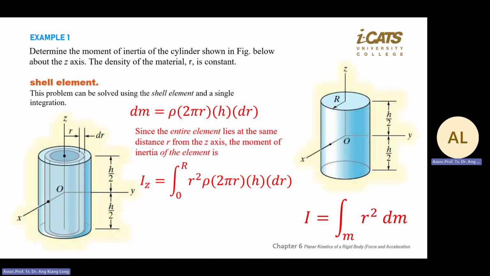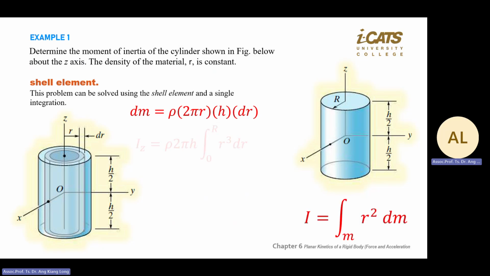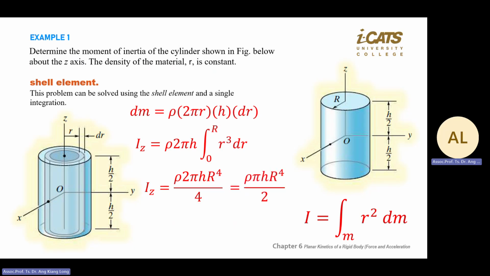The 2 also pull out. So you're integrating r cube dr, and you get r power 4 divided by 4. Simplify, cancel 2. At the end, you arrive at this answer. So Izz will equal to this equation. You further simplify, you'll get there.